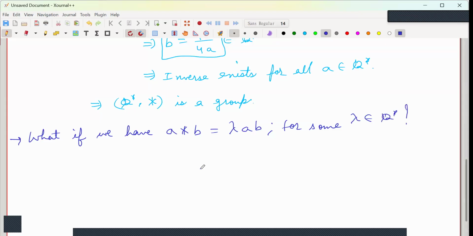Can we still say that it will be a group? Yes, sir. Then again, Q star with this operation forms a group.